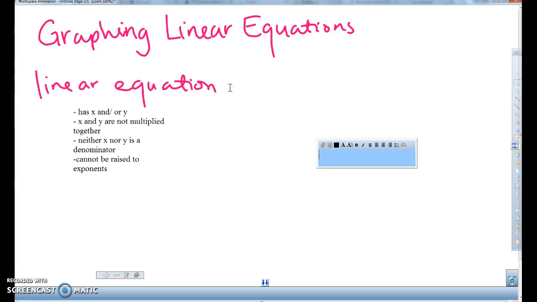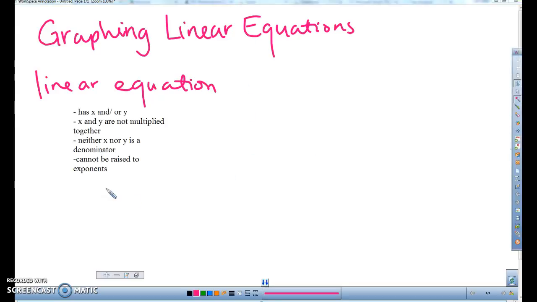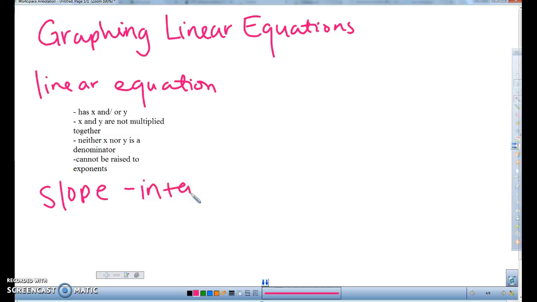We also want to talk about slope and what the slope of a line is. And so that will come when we're talking about putting things in slope-intercept form. There's a bunch of different forms in which we can write equations.